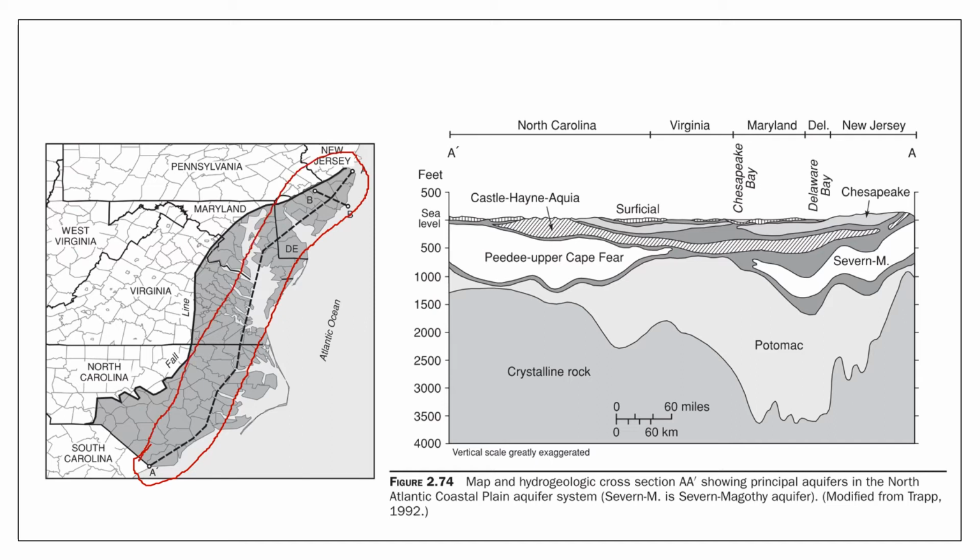And this is a cross section, an exaggerated cross section of that aquifer. So this is your basement rock, and then you have various formations.